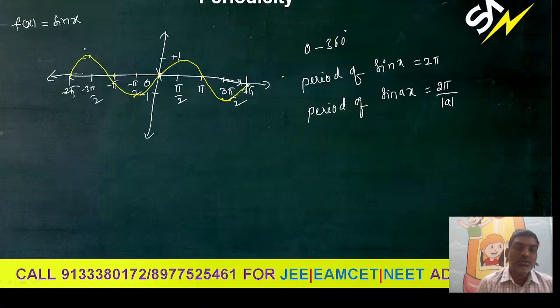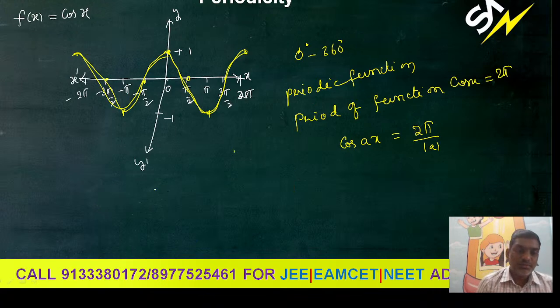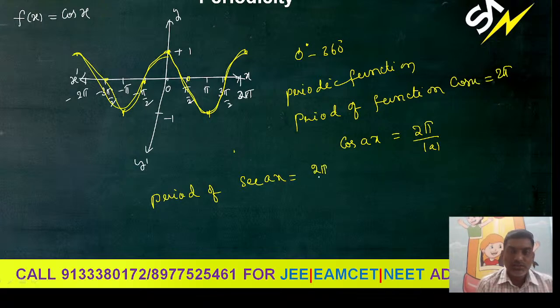The sine reciprocal is cosecant x. So the period of cosecant ax is also the same: 2 pi divided by modulus of a. And now if we see the period of secant x, it is also the same as 2 pi divided by modulus of a.